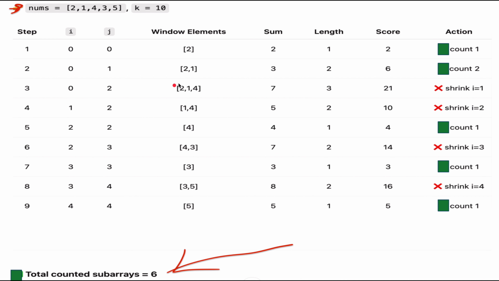The window elements become 2, 1, and if we do the sum, 2 plus 1 is 3, and the length is 2, because there are 2 elements. So the score becomes, previously 2, now 6. The score is 6 here. And the result count we are also increasing, because this score is valid, and this one is also valid, so we'll count 2.